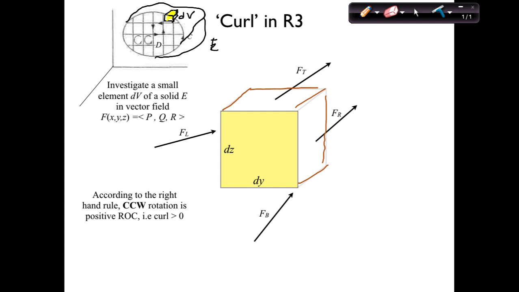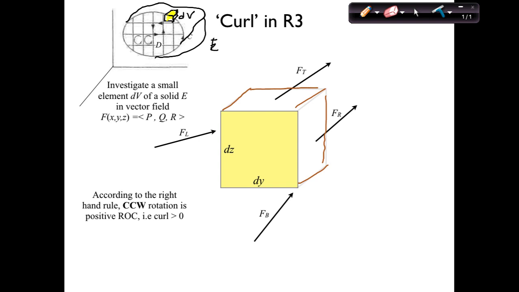So let's investigate the YZ plane. So here I have the element. I'm looking in our standard view here, and I've got Y to the right and Z up and down. And then here are the vectors around it, parallel to the YZ plane.